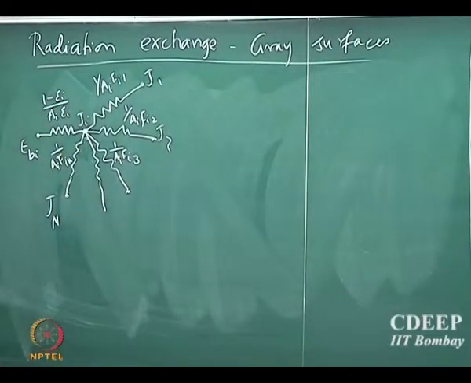That is the resistance network for radiation exchange of surface i with all other surfaces in an enclosure.